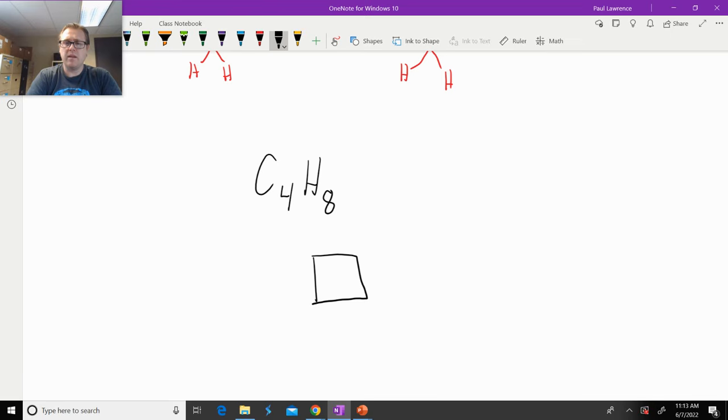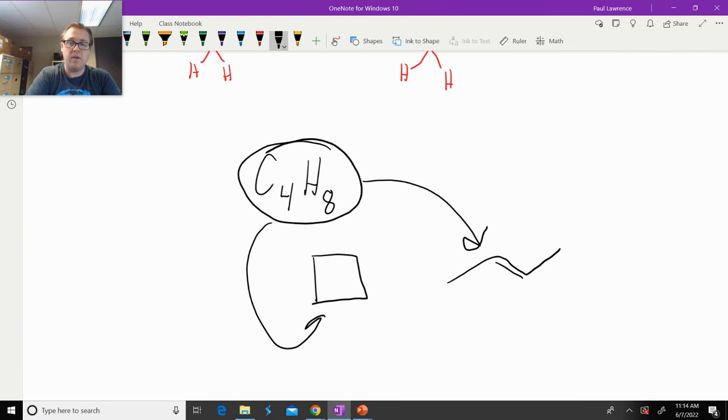Or the degrees of unsaturation can say that structure could also be an alkene. So the reason we use degrees of unsaturation is because it can take a molecular formula and give us an idea of what it potentially looks like.